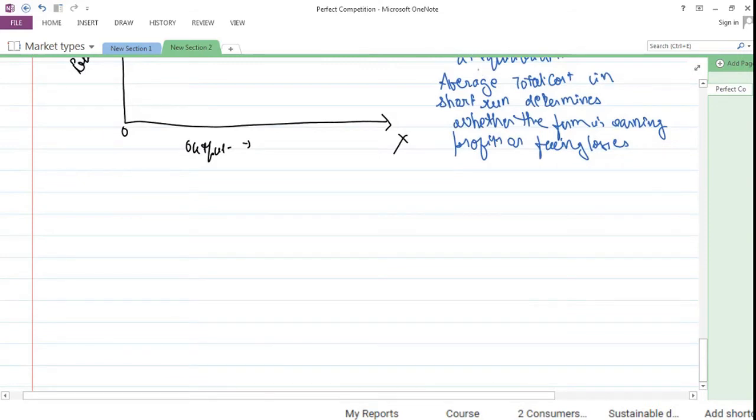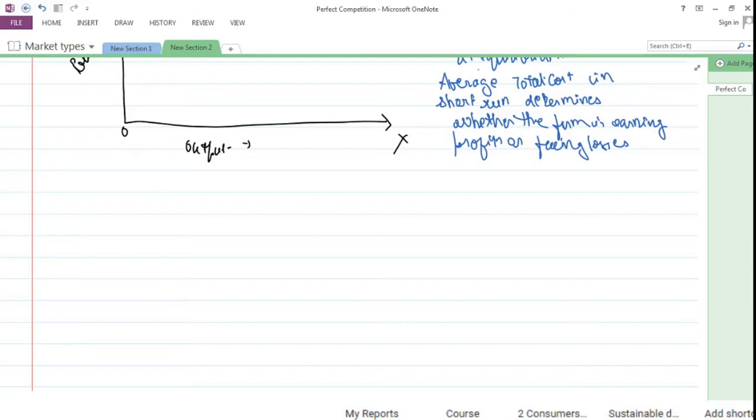Let's see two different scenarios wherein a firm might be earning profit in one case. In the other case, the firm would be having loss. Okay, दो डिफरेंट केसेस है जहाँ पे एक जगह पे फर्म को प्रॉफिट्स हो रहे हैं और दूसरे जगह पे फर्म को लॉसेस हो रहे हैं.